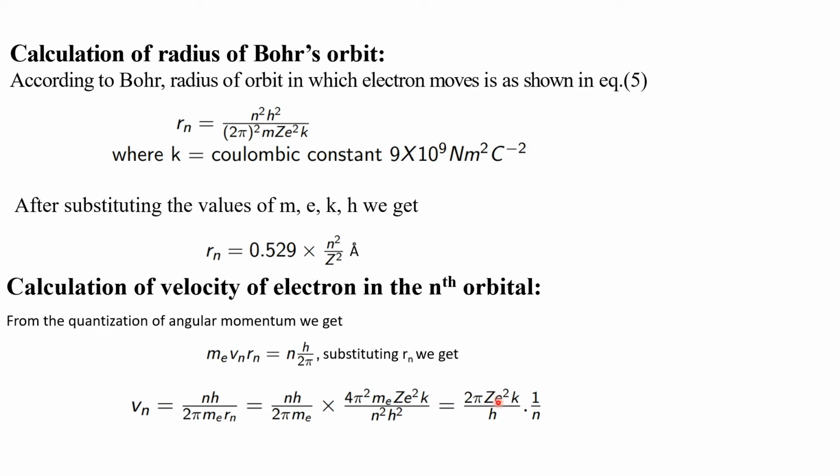The radius of Bohr's orbit depends on n square by z square, directly proportional to n square and inversely proportional to z. The velocity of an electron in an orbit is inversely proportional to the principal quantum number n, and directly proportional to z, the atomic number.